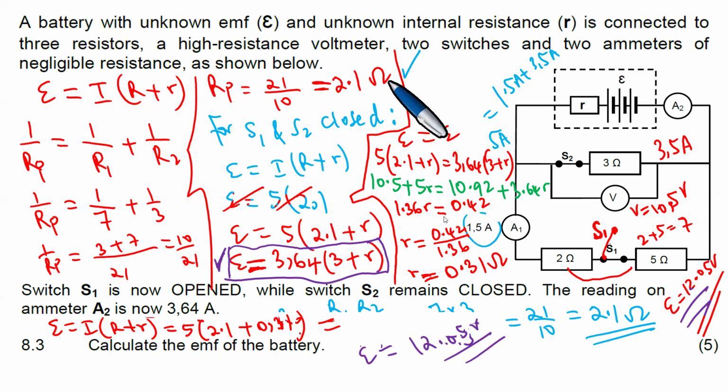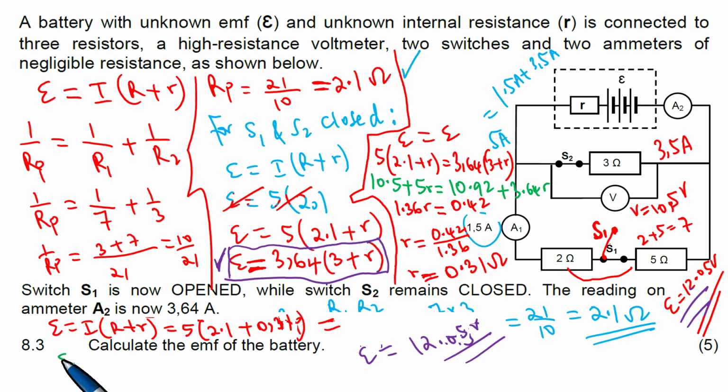Yes, you can also use the bottom one. The answer is the same. Let us check this. Let us use the bottom one. We can also use the bottom one because these are simultaneous equations.